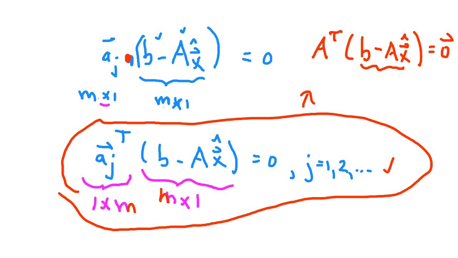where B minus AX hat, that's m by 1, the matrix A is treated as an m by n matrix. So A transpose would be n by m. And so the vector 0 is an n by 1.